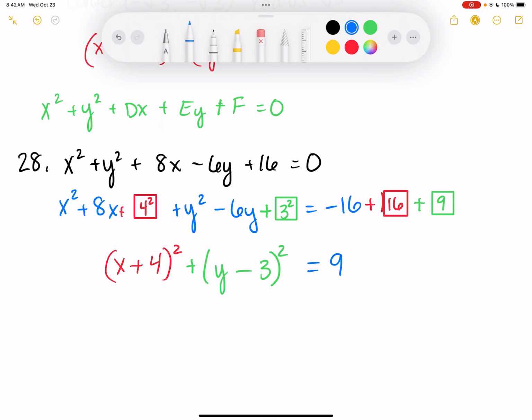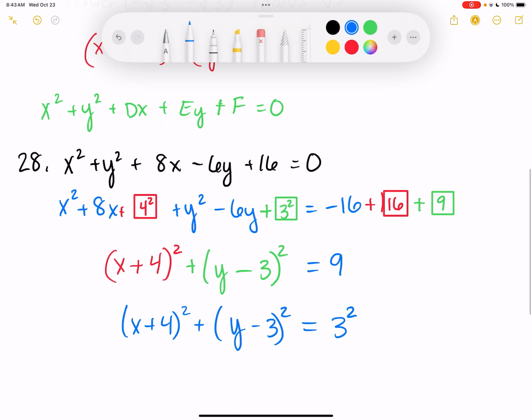Yep, this one's positive and that other one was negative. What do you notice about my answer? It's not squared, but can I rewrite it as something squared? Yes. What would that be? 3 squared. So I'm going to have x plus 4 squared plus y minus 3 squared equals 3 squared.